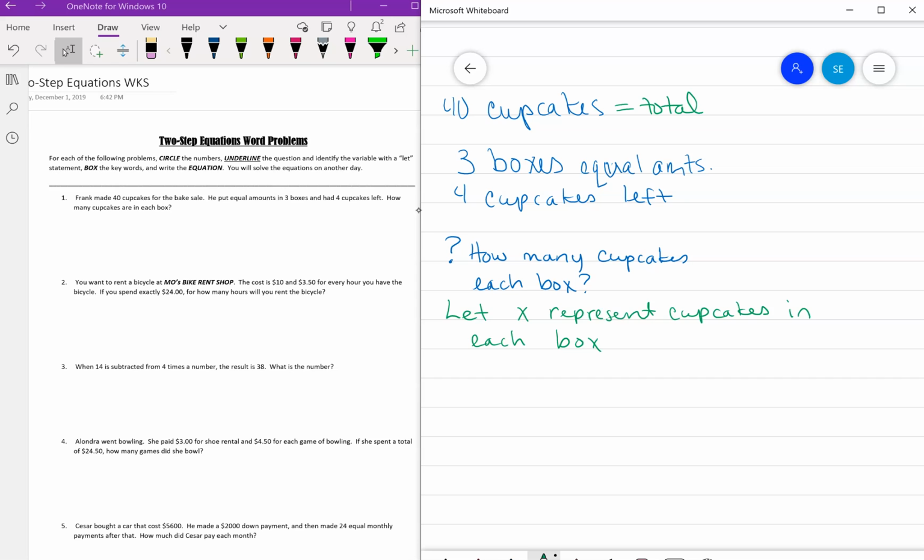And now we can create our formula. We take our total, 40, and say 40 equals, because remember, we always take the total number and put equals to the right. And we have 3 boxes.